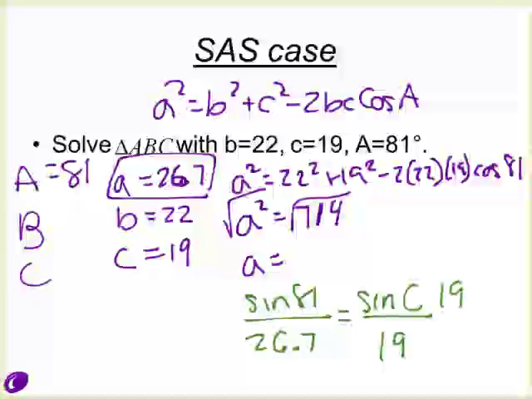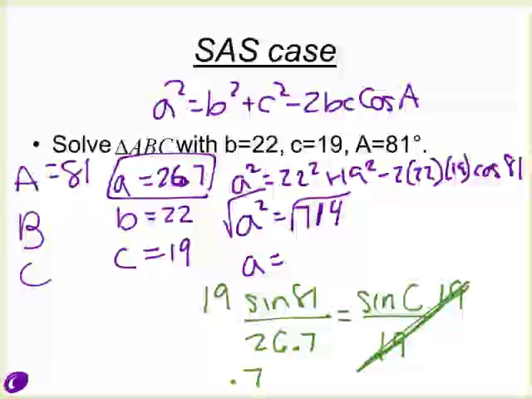So then we multiply both sides by 19 and type in that left-hand side of the calculator, 19 sine 81. Make sure you close your parentheses. We talked about that yesterday. Divide by 26.7.